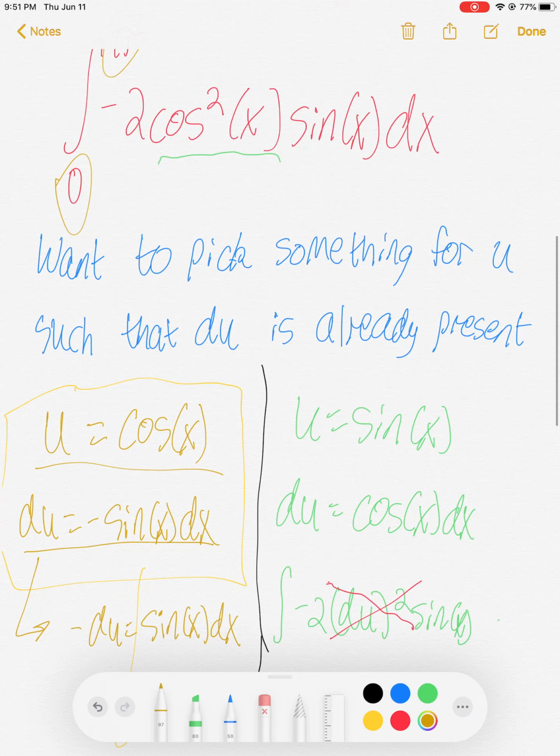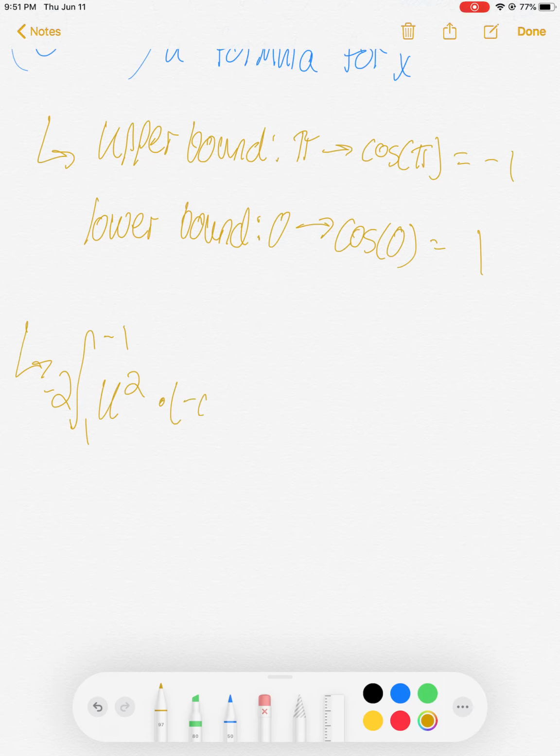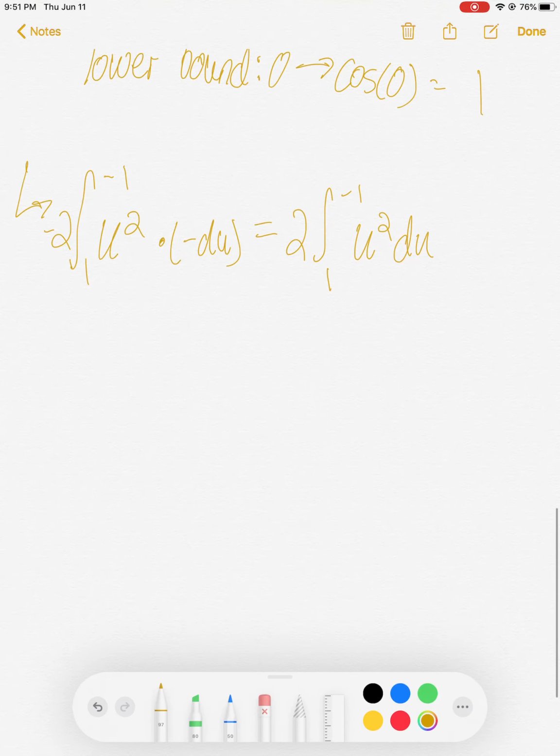And now sine of x dx, I can see from this line, from du equals negative sine of x dx, if I multiply that by negative 1, then I see that negative du equals sine of x dx. So I replace sine of x dx with negative du. So times minus du. Okay? So now we've successfully translated into the language of u's.